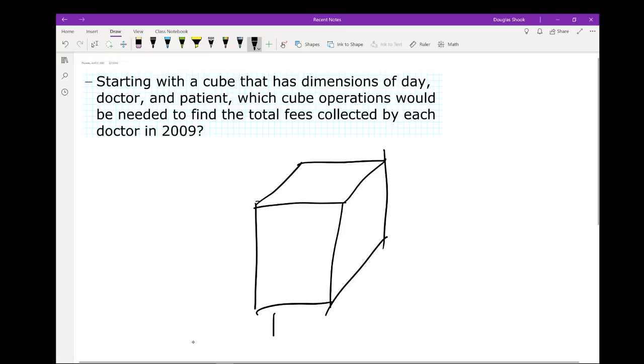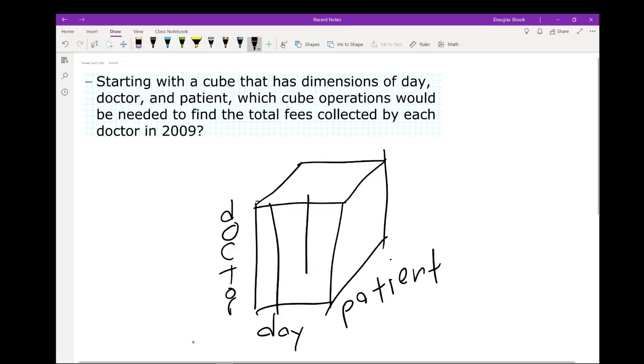And then I've got day on one axis. I've got doctor on another axis. And then I've got patient on this axis. Okay? And so I would have cells in here. We don't have any actual data to put in these cells, right?